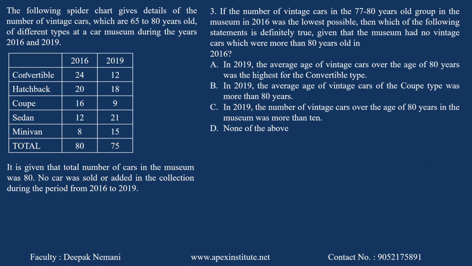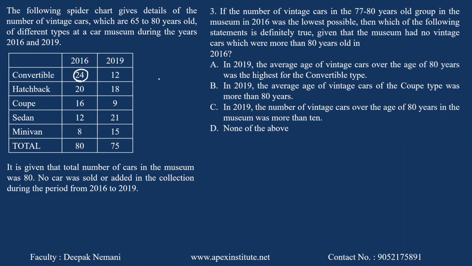For example, out of these 24 cars, 12 cars have crossed the age of 80 years by 2019. So all the cars can be 77 years old, or 78 years old, or 79 years old, which will cross the 80-year-old mark either in the year 2017, 2018 or 2019.